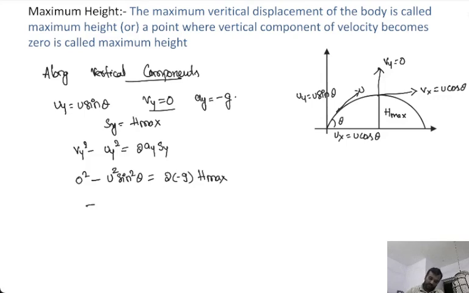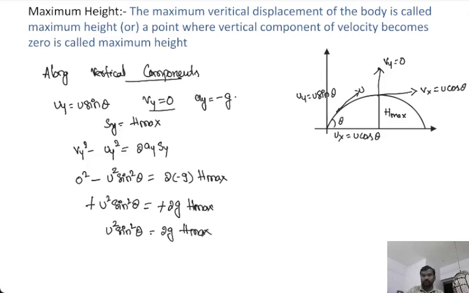Then minus u square sin square theta is equal to minus 2g h max. Here minus minus gets cancelled. Then u square sin square theta is equal to 2g h max.